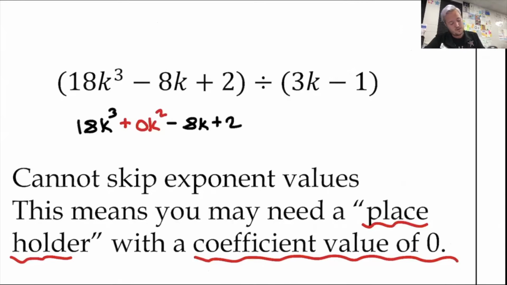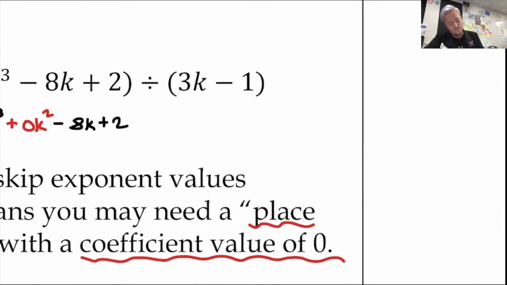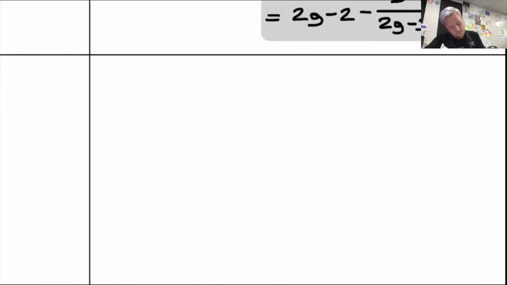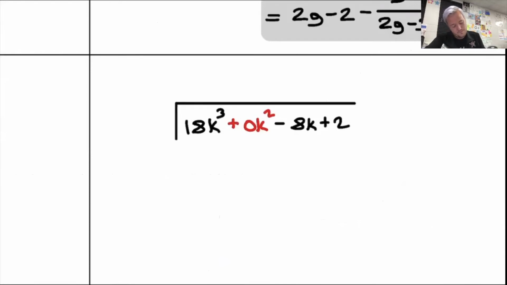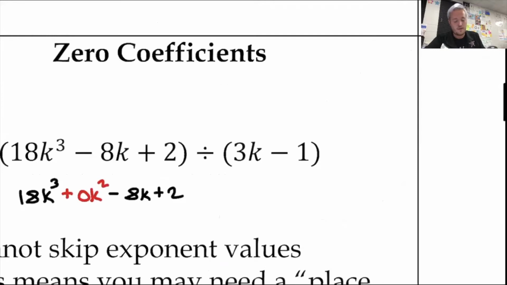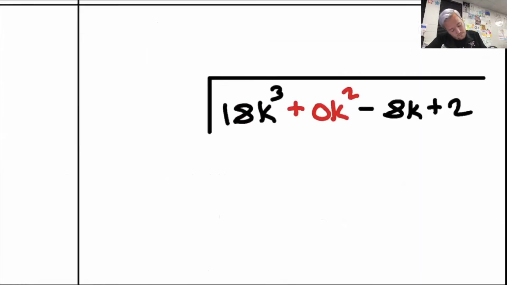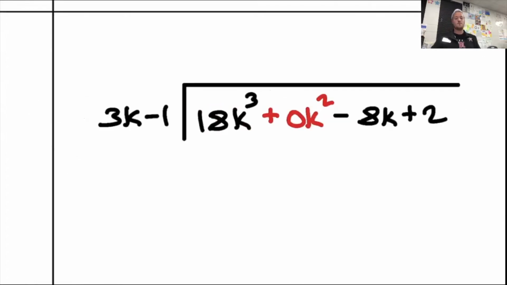So this is what I'm going to use to divide. I'm dividing by 3k minus 1. The reason we're doing a placeholder is for combining like terms, which will be apparent in a few minutes.